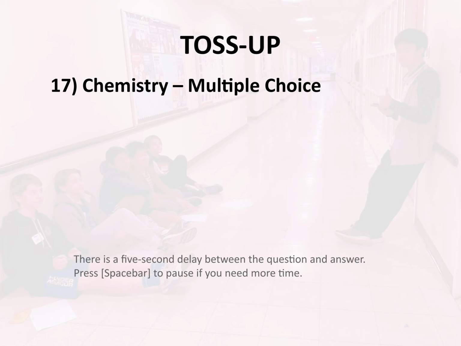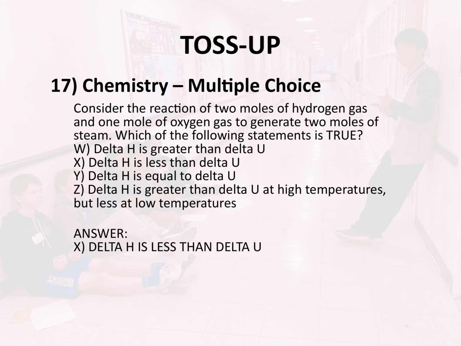W. Delta H is greater than delta U. X. Delta H is less than delta U. Y. Delta H is equal to delta U. Z. Delta H is greater than delta U at high temperatures, but less at low temperatures. Answer: X. Delta H is less than delta U.